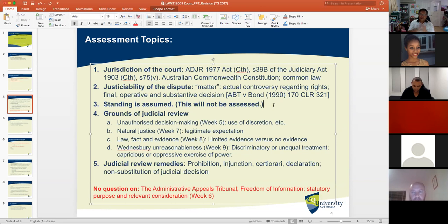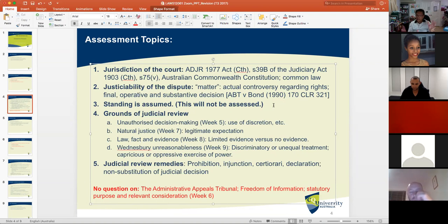On the other hand, if you were to rely on common law judicial review, the grounds for judicial review would have been limited to about 5 or 6 common law grounds. This would be, let's say, whether or not the statutory purpose has been fulfilled, unauthorized decision making, natural justice, law of evidence, and so on. So these grounds for judicial review are actually threshed out in detail in the ADJR Act.